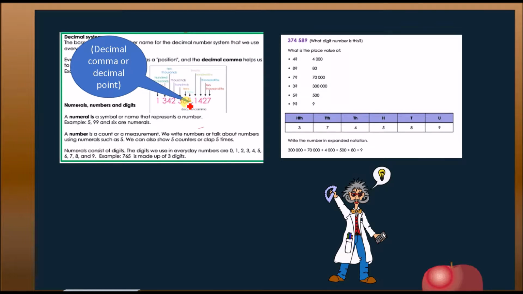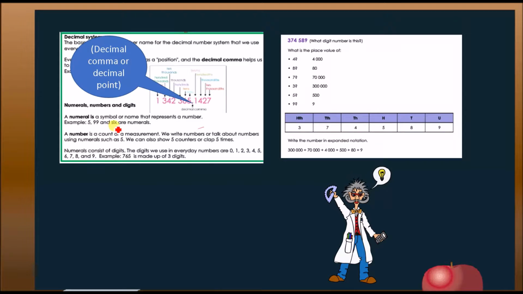And what are numbers, numerals, and digits? Can you remember? A numeral is just a symbol that represents a number. For example, that symbol represents the number 5. That symbol represents the number 99.